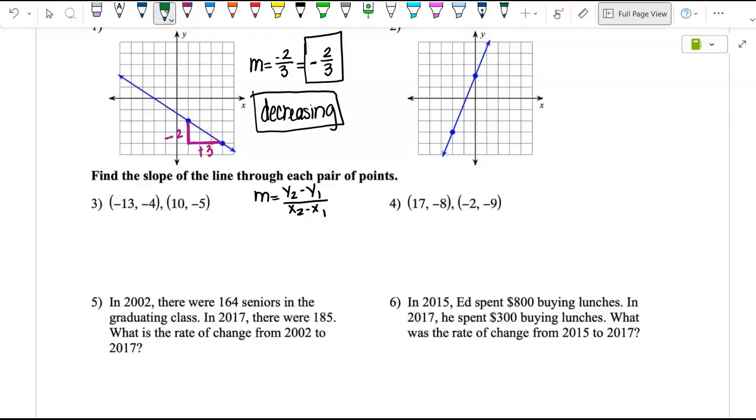So when I look at my ordered pairs, the first ordered pair I label as x1, y1. The second is x2, y2. And then I'm just substituting into my slope formula. So I get m equals -5 minus a -4 divided by 10 minus a -13.